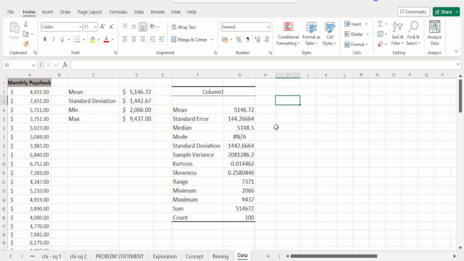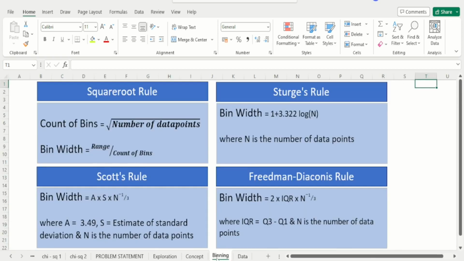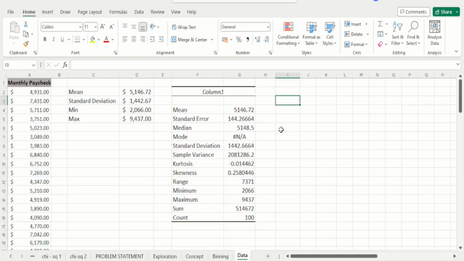What's our next step following this? Our next step is going to be creation of the bin size. Remember that we're going to use the square root rule. So step one is let's get the count of bins. What's going to be the count of bins for us? The count of bins is going to be the square root of the number of data points.